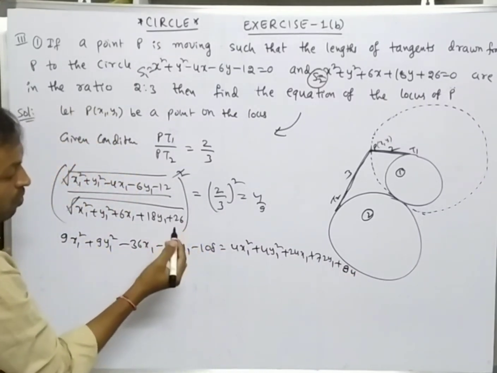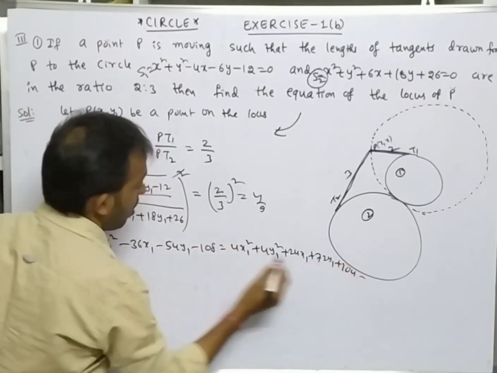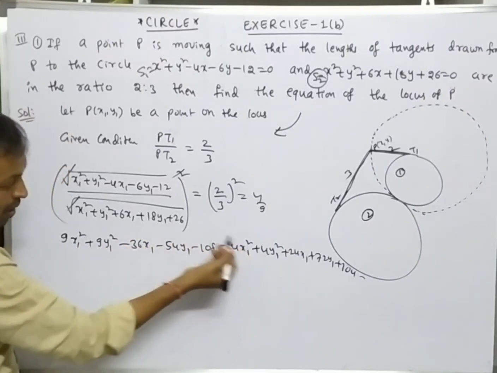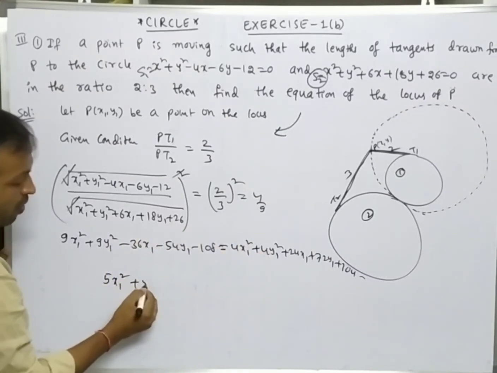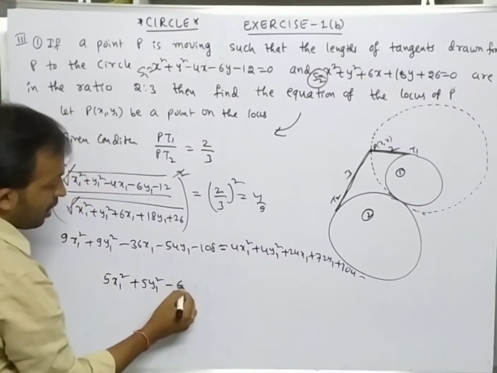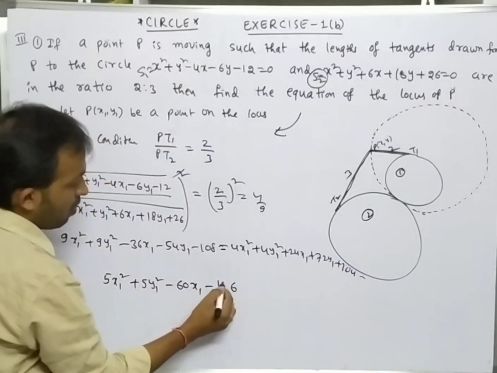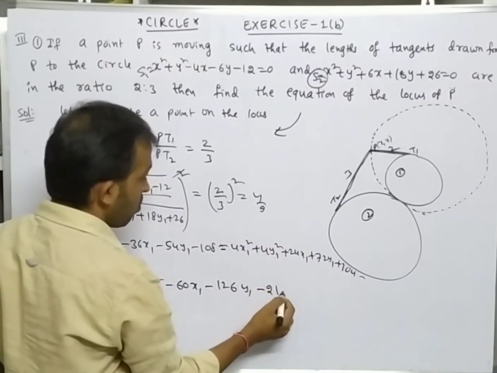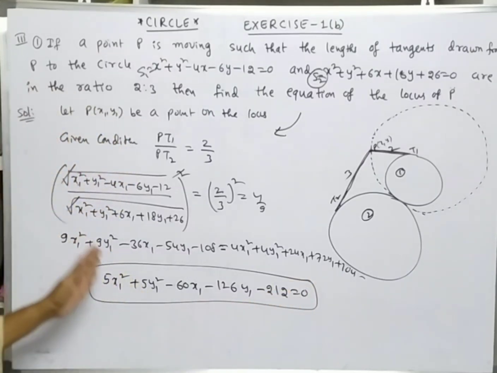Okay, so if we bring all terms to the left side, 9x1 square minus 4x1 square, that is 5x1 square, 9y1 square minus 4y1 square, 5y1 square, minus 36 minus 24, minus 60x1, minus 54 minus 72, minus 126y1, minus 108 minus 104, minus 212 is equal to 0. So this is the required locus, that is the equation of the circle.